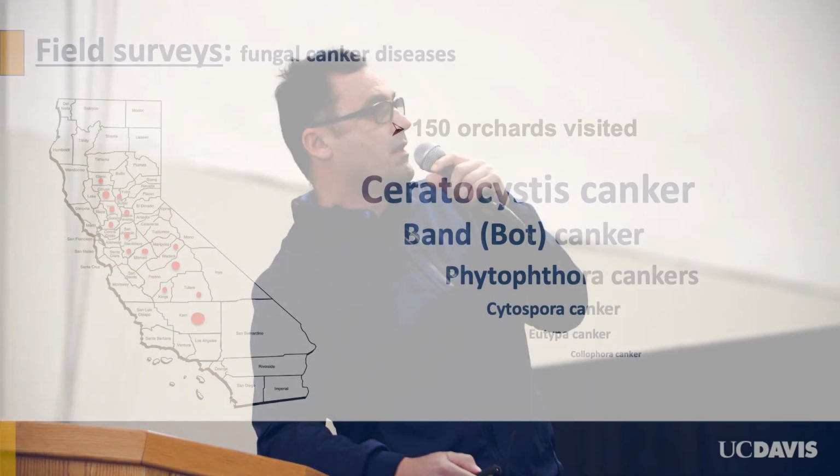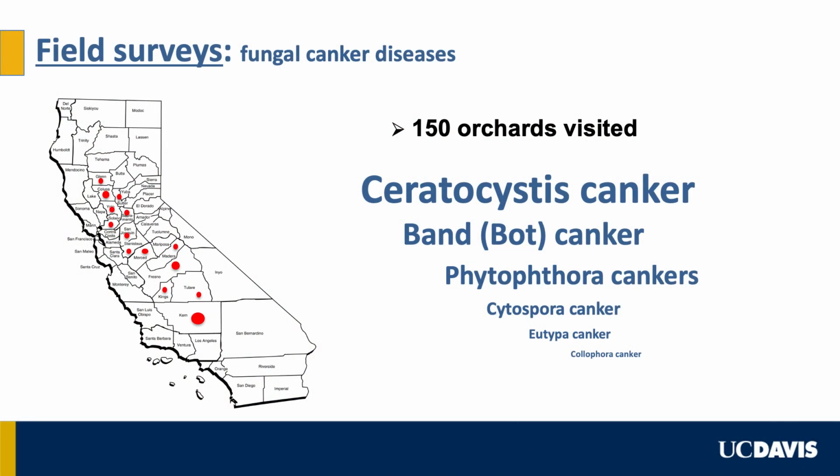And so if you have the wrong diagnosis, you may get out there and apply some chemicals, apply fungicide, or apply something like Ridomil thinking it's Phytophthora. If you do not have an accurate diagnosis, then your management effort may be useless. So over the past few years, we probably visited at least 150 orchards throughout the state, all counties.